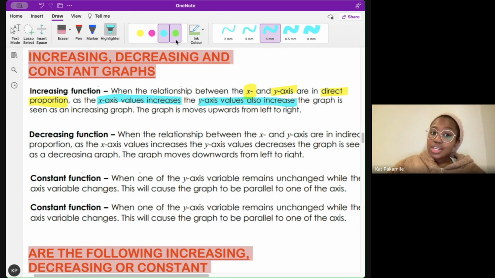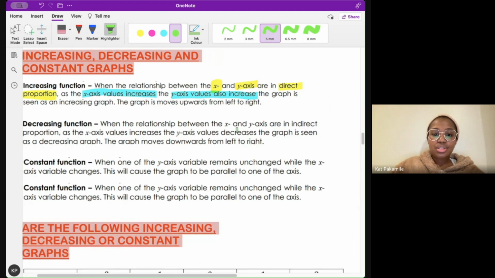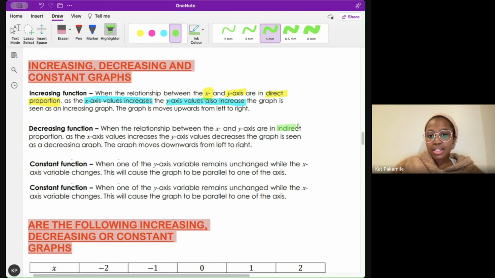A decreasing graph means that the relationship between your x and y values is in indirect or inverse proportion. Okay, now to remind each other and ourselves, what is indirect proportion? As one increases, what happens to the other one?